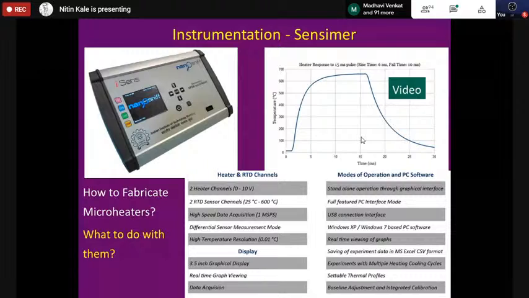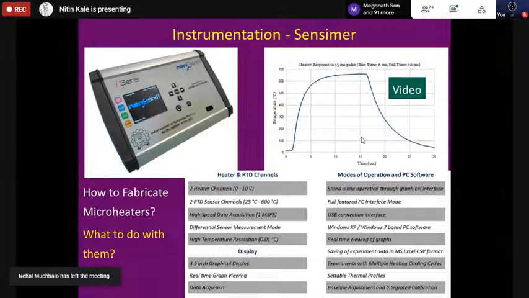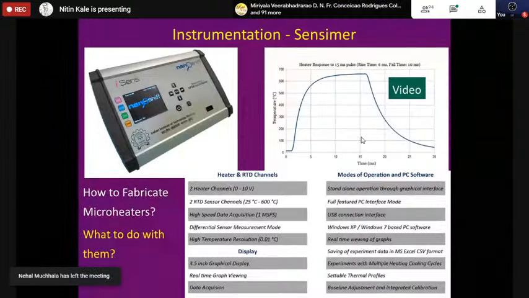I'll give an example. At this part, you can fit the micro heater PCB. So the connections you make with the connectors and the micro heaters, and you can fit it here. What this instrument does now is it applies excitation to the micro heater and it measures the temperature of the thermometer.